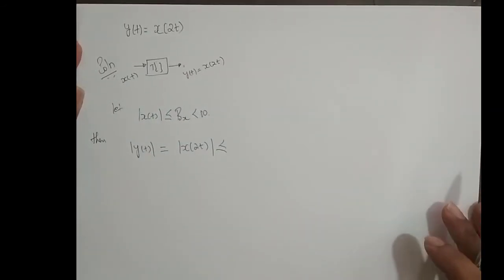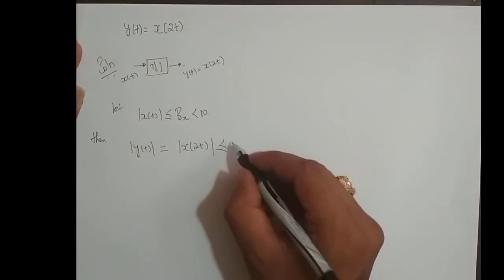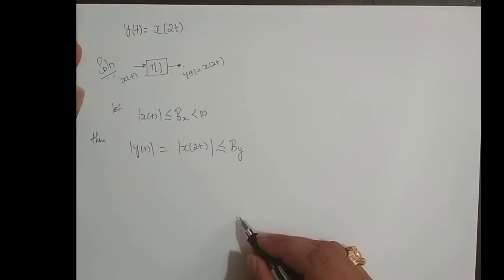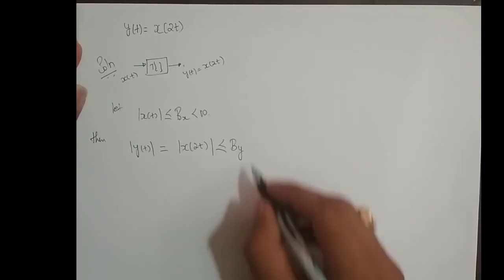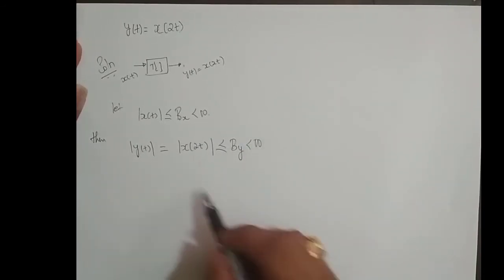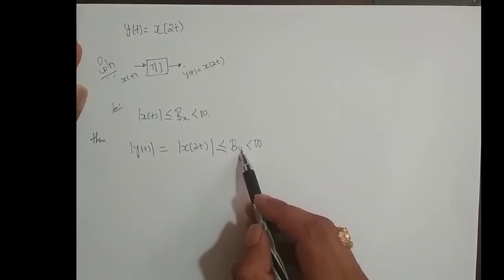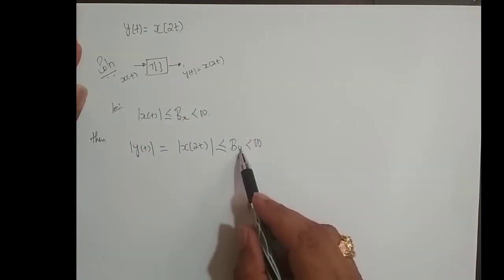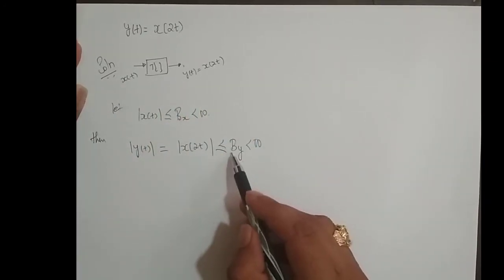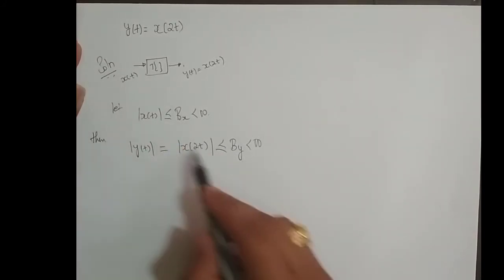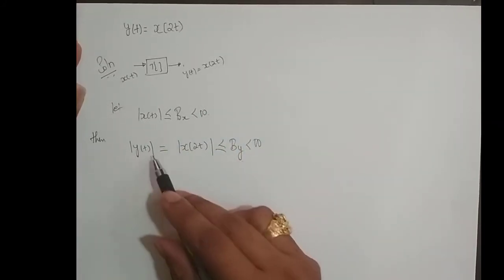So this is always less than or equal to By, which is less than infinity. For every bounded input I apply, I am getting bounded output, right? I can write this as Bx also, because the input and output are the same, but we'll stick to the definition.